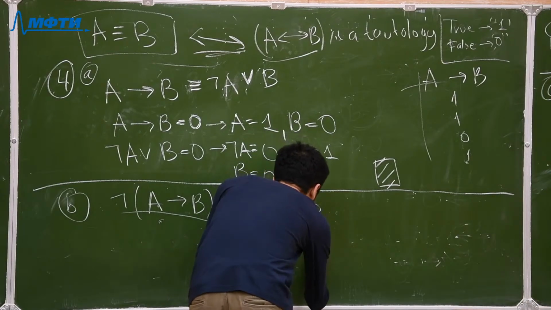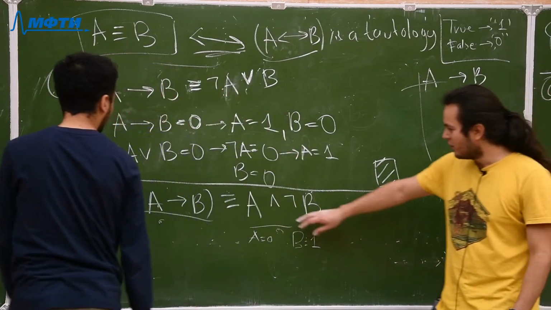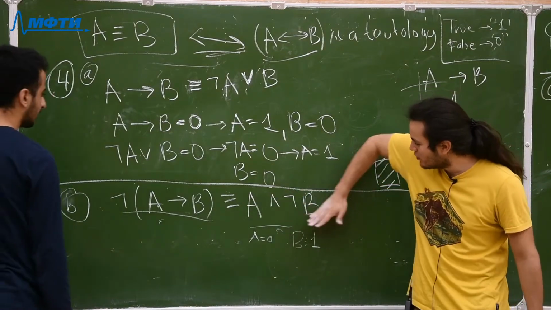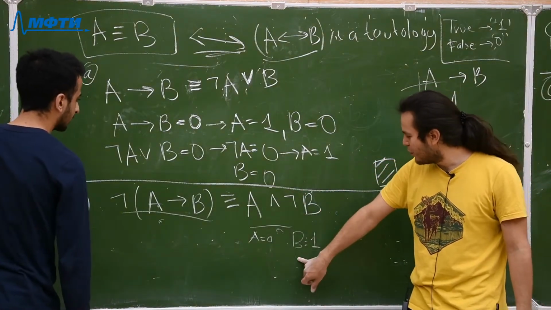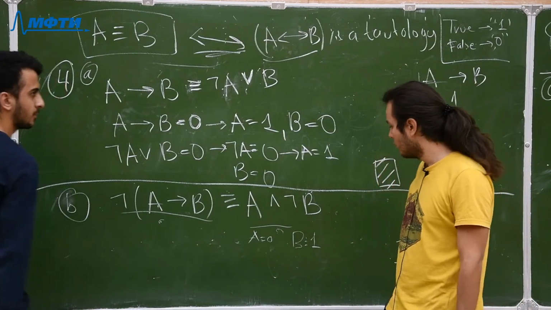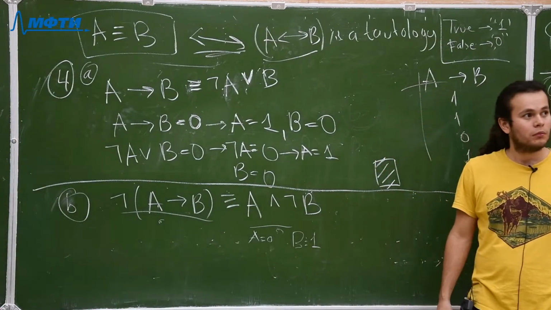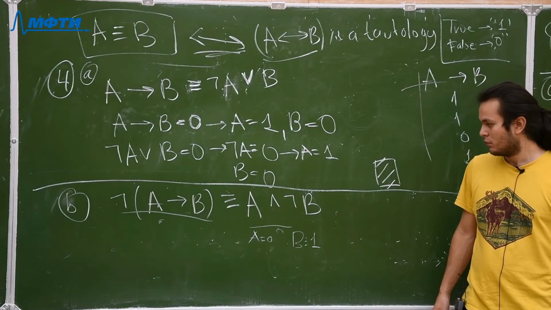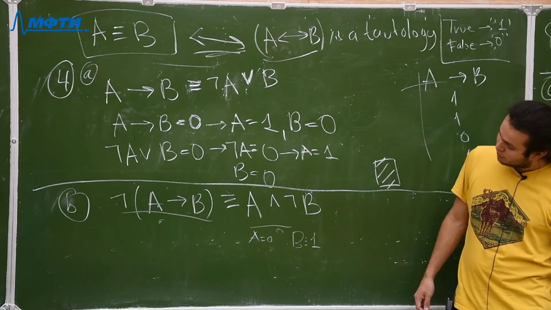So we have that this is 0, false, then A is 0, and B is 1. And when B is 0, then what?